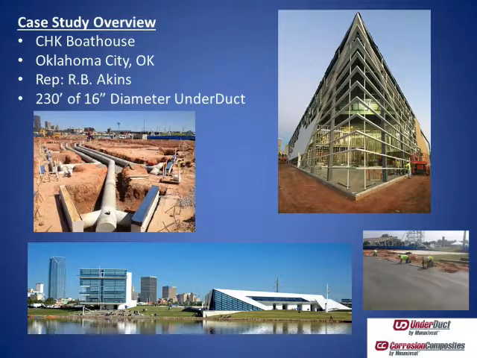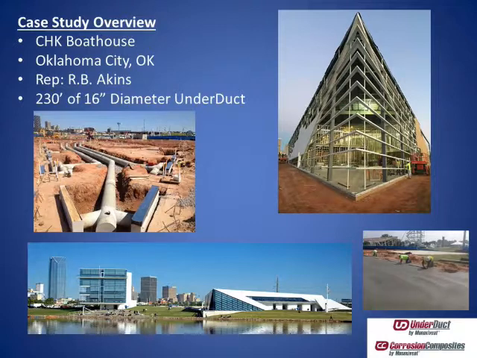It houses the University of Oklahoma State and several other U.S. rowing venues. And what you're looking at is the underduct in that pointed building that you see on the right. The photo on the left on the top is the ductwork that's under the floor.